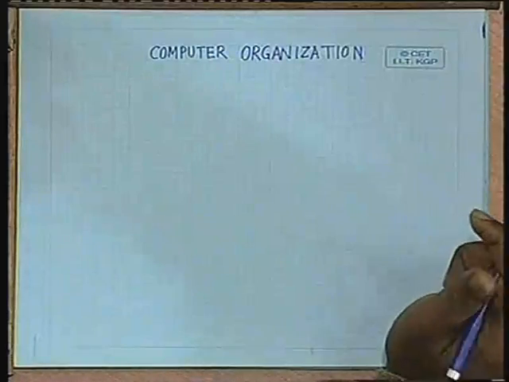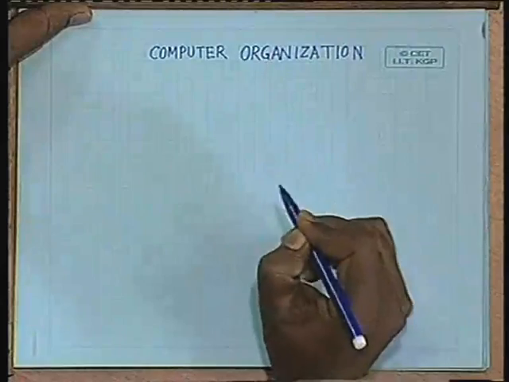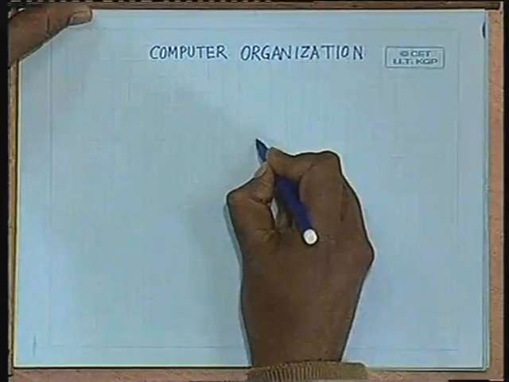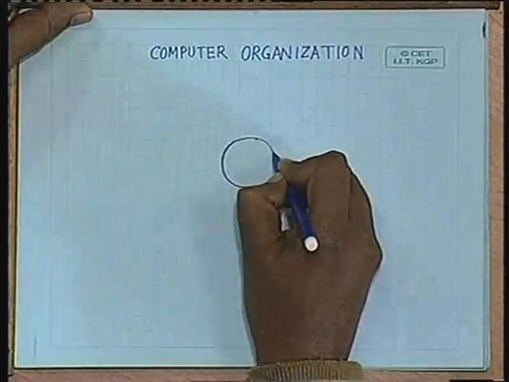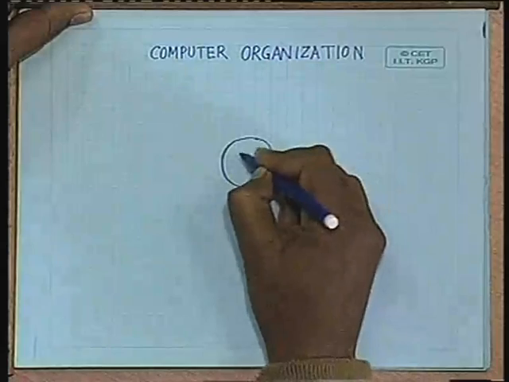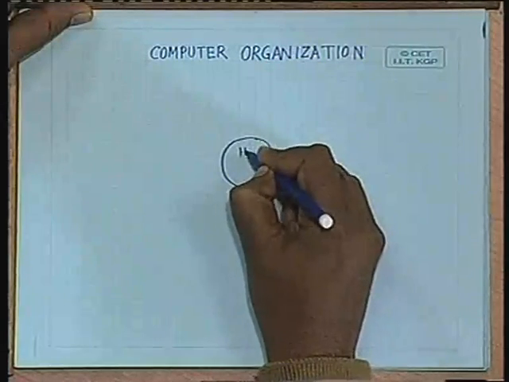As you all know, to get a task done by a computer, the computer must have some hardware resources and some software resources. To get a high level view, at the heart of the computer, we have the hardware resources. So, at the center of the computer, we have the hardware.